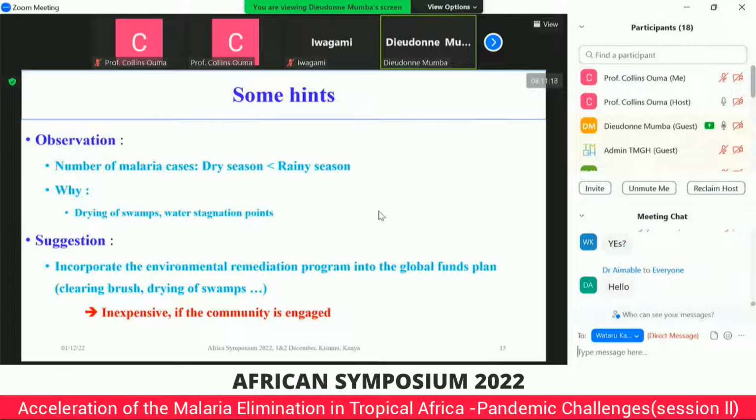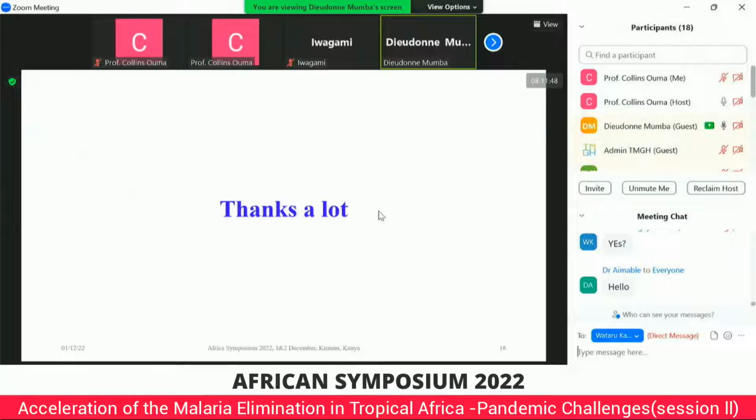For example, instead of preventing the growth of mosquitoes, people prefer to let the mosquitoes grow and then try to fight them by using mosquito nets that most of the community does not use. I think it is time to rethink the malaria control policies to move towards a true elimination of malaria. Thanks a lot.